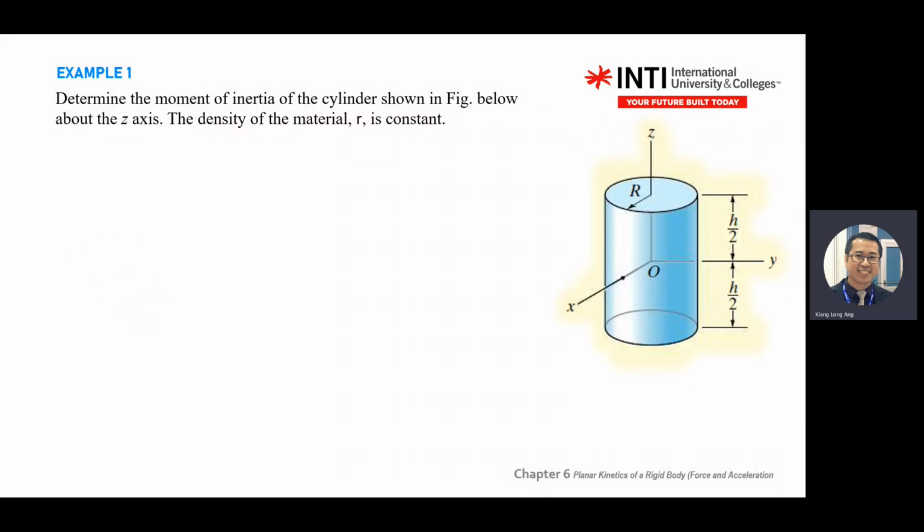So as homework, determine the moment of inertia of the cylinder about the z-axis. The density of the material, the typo is a rho, is a constant. So how do you find the second moment of inertia for this object?